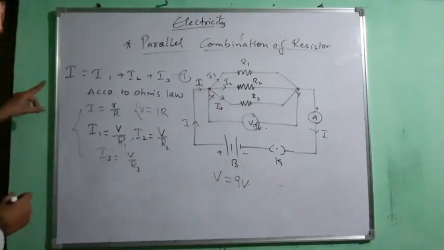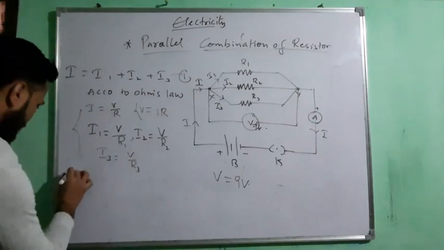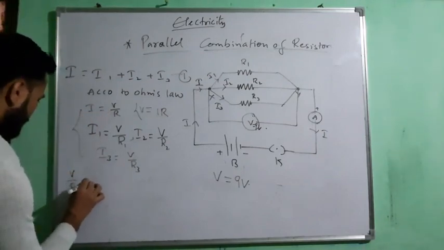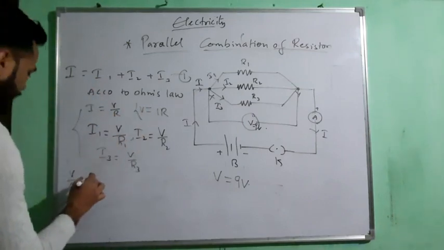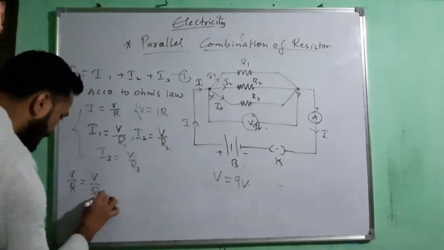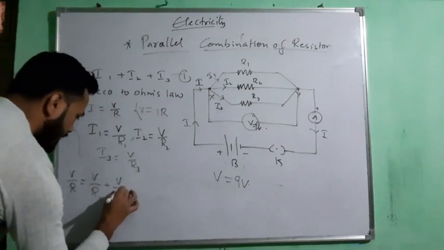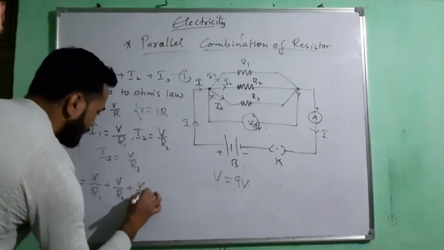Upon doing so, what do I get? I is equal to V by R, which is V by R1 plus V by R2 plus V by R3.